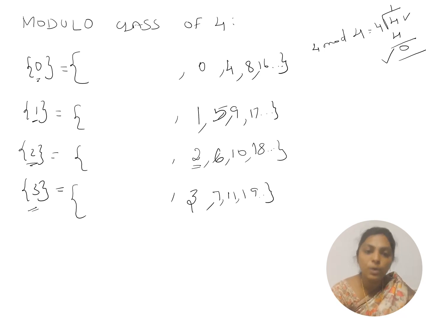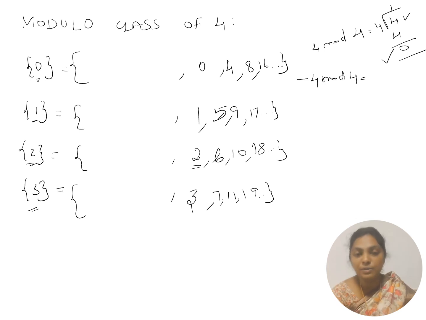Okay. Now what about the negative numbers? The residue class cannot be a negative number, but it can hold the set of negative elements as well. For example, we'll take minus 4 mod 5. What is the value for it? When we have a negative value, how do we perform it?